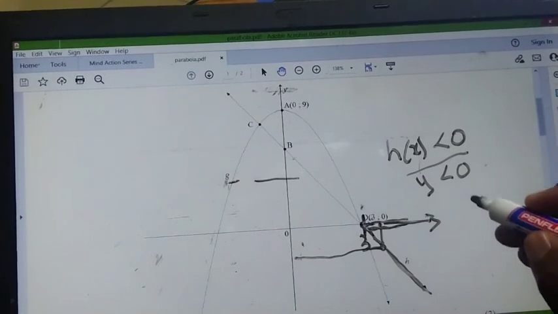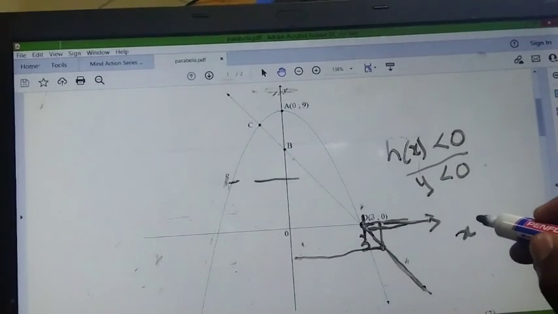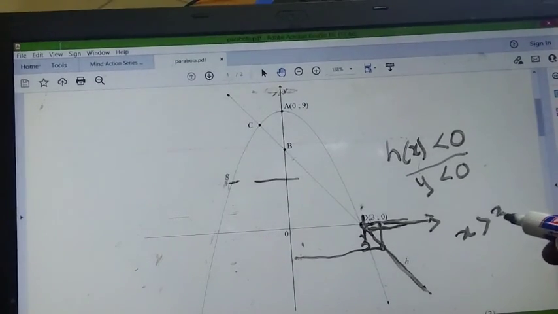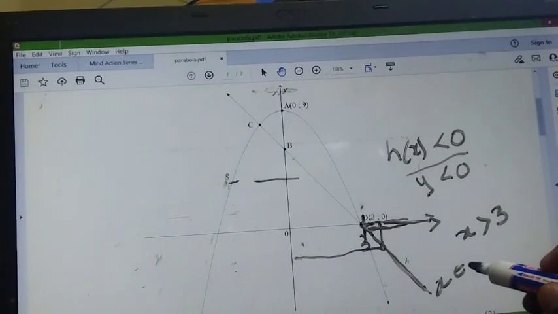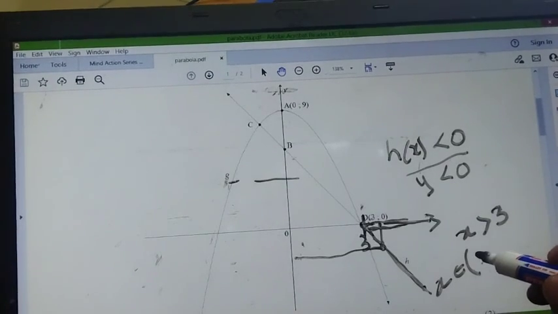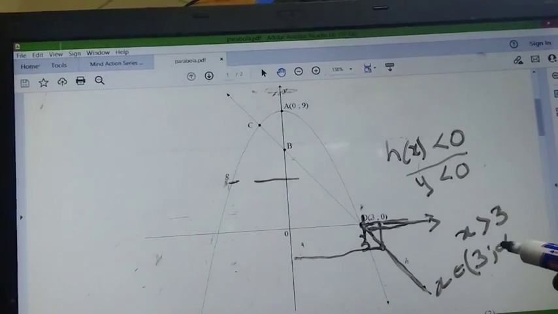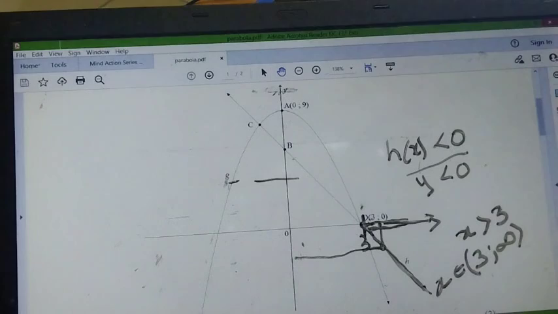So the solution to this is x is greater than 3. Or we can say x is an element from 3 to positive infinity, because our graphs have the arrows, so it means that this continues to positive infinity.